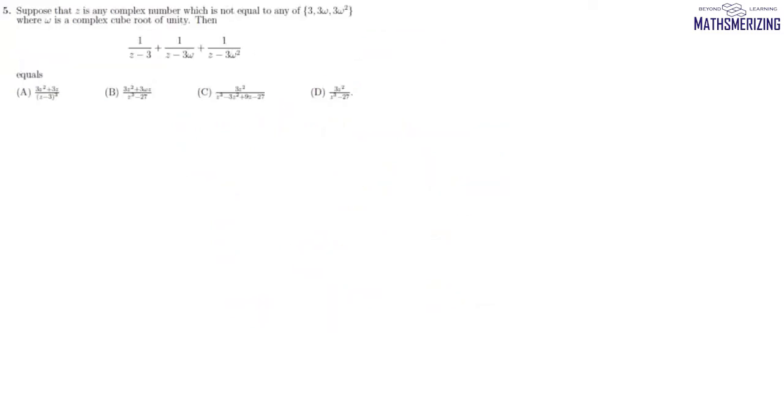Now here the question is, suppose z is any complex number which is not equal to 3 omega and 3 omega square, where omega is complex cube root of unity, then we need to simplify this expression.